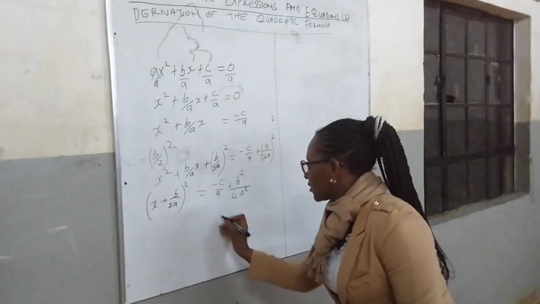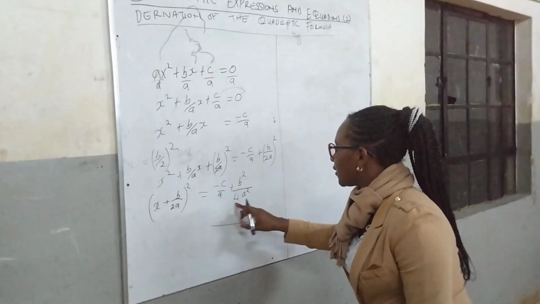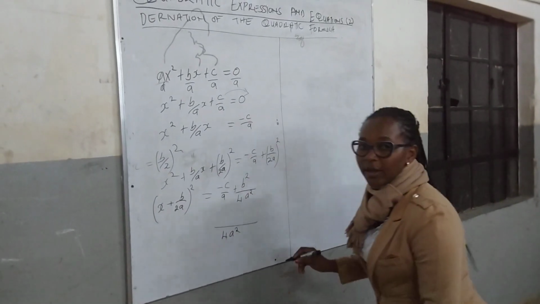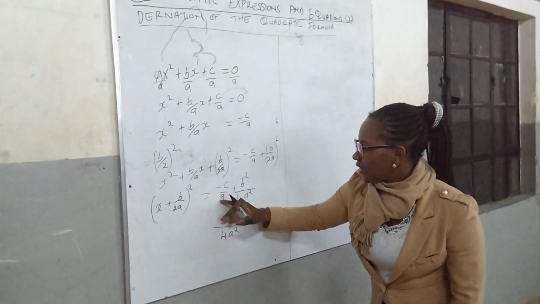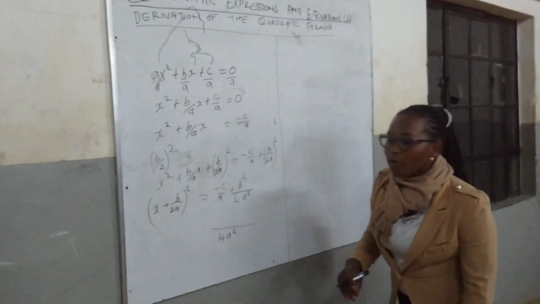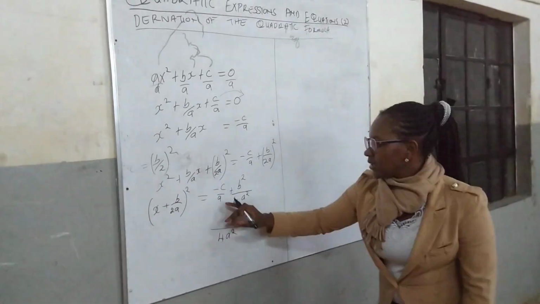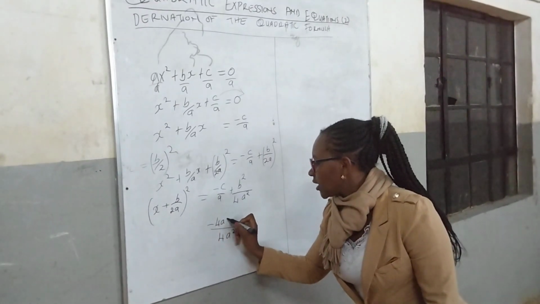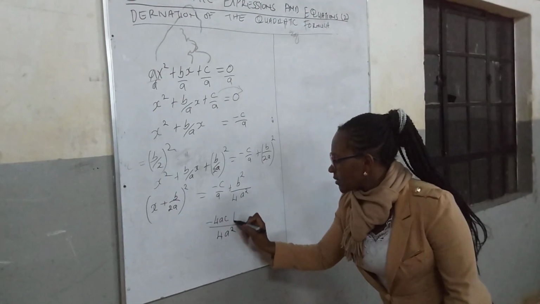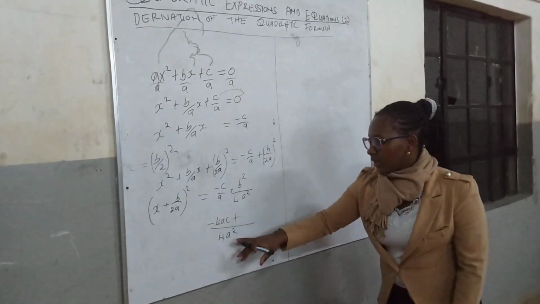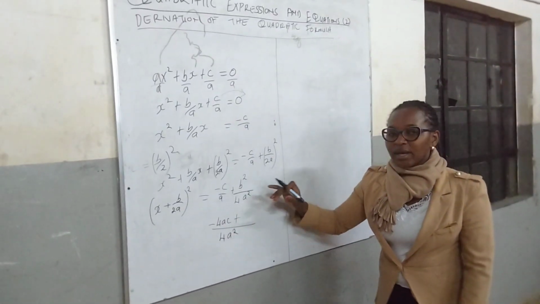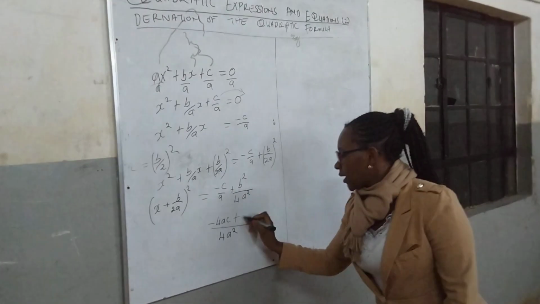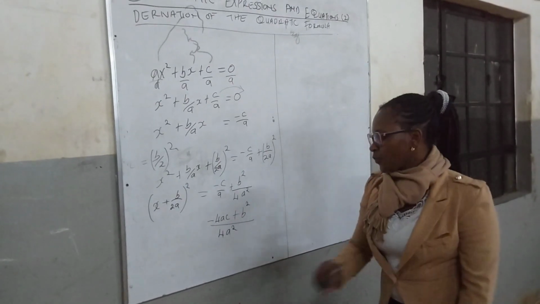So now we can have the LCM of a and 4a squared. We can have it as 4a squared. 4a squared divided by a, we have 4a. 4a times negative c, we have negative 4ac, plus 4a squared divided by 4a squared, we have 1. 1 times b squared, we get b squared.